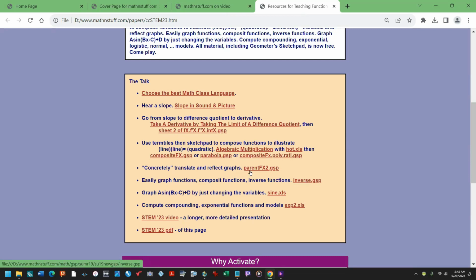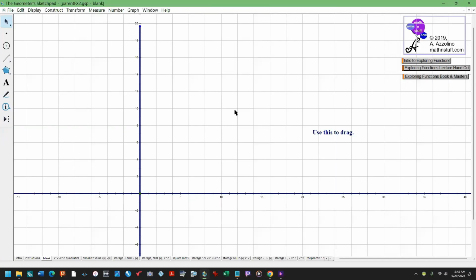I wanted to go to the parent functions, and I think I downloaded it. Okay. The drawbacks. You have to leave everything this scale because otherwise your manipulatives won't work. This is what one uses to drag and move.